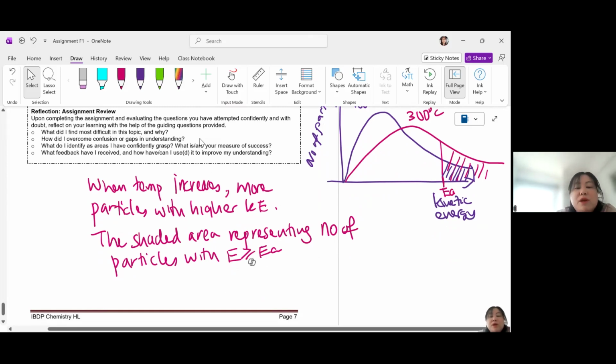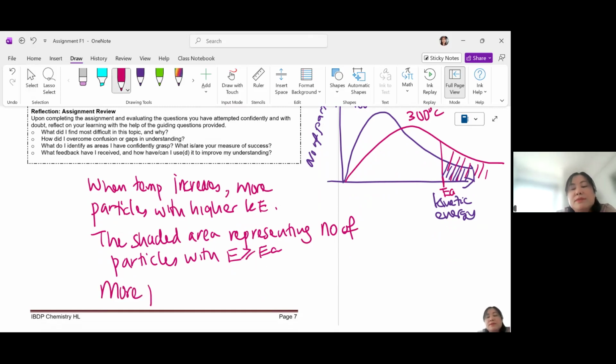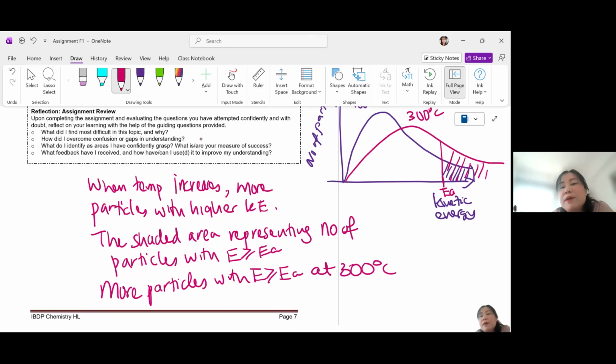We can see from the graph that there are more particles with E greater than or equal to EA at 300 degrees. And with that, more particles meet the minimum amount of energy required. So we will expect that the frequency, remember, the frequency of effective collision increases.